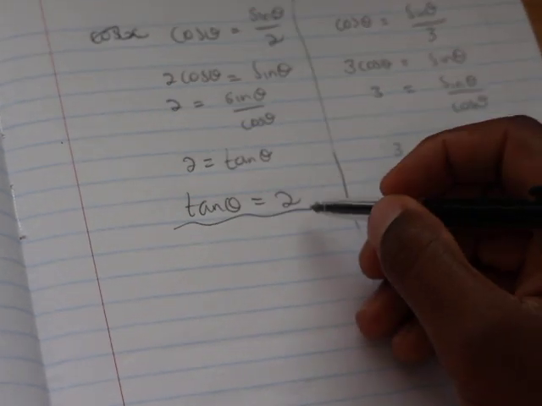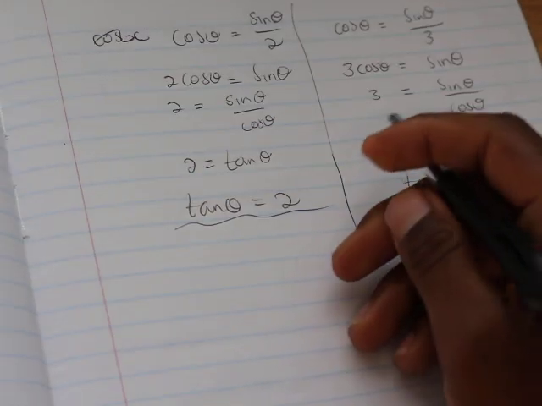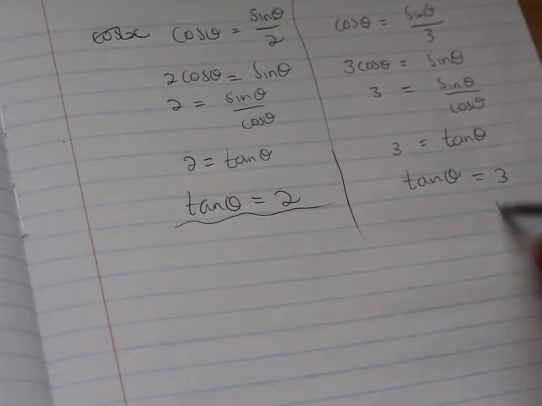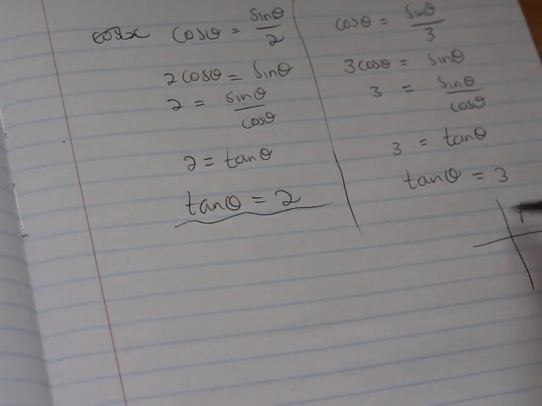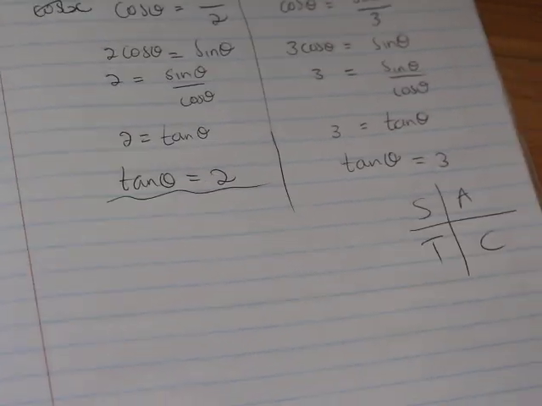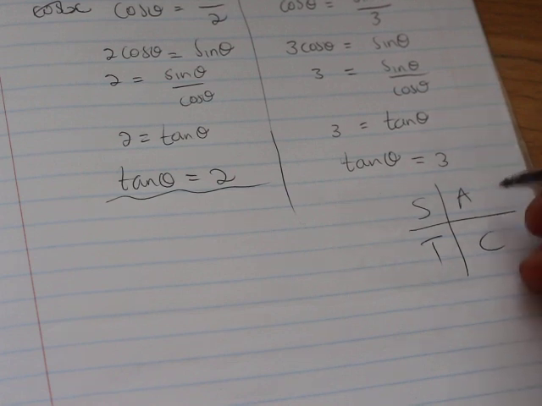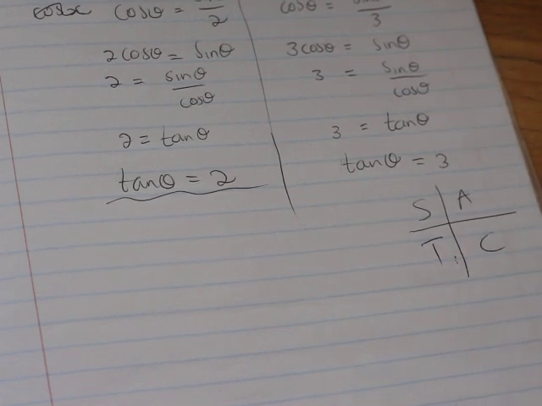Okay, you can see that tangent of theta is positive, and according to the CAST diagram, tangent is only positive in the first quadrant and third quadrant.